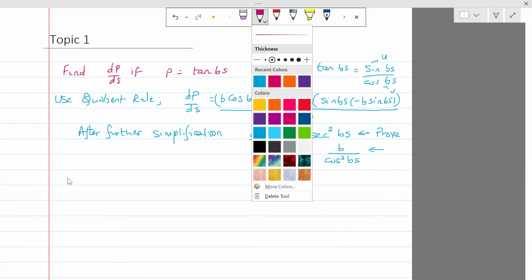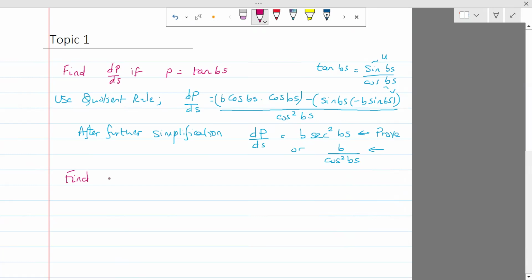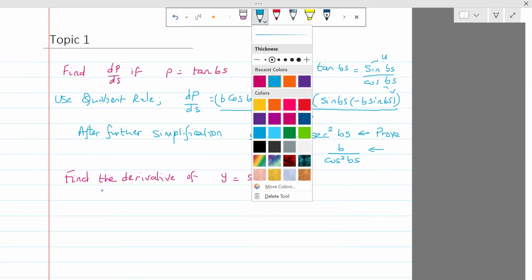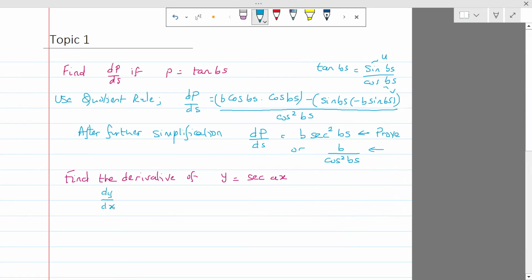We can also find the derivative of y equals sec ax. So dy by dx is found using the quotient rule. I know that sec of ax is 1 over cos of ax.